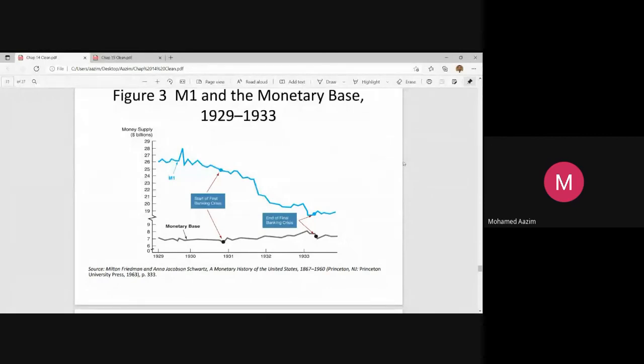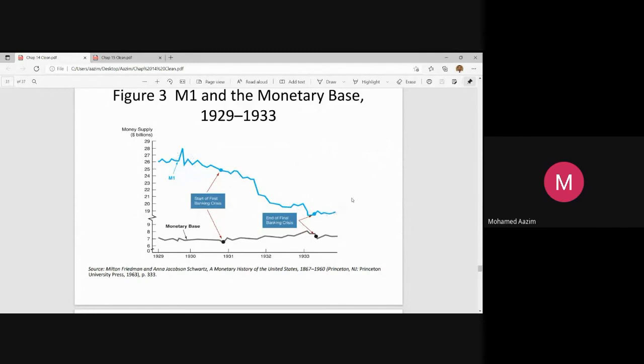That means the small m has declined all throughout, driving the money supply M1 to decline. That's what you are seeing here in terms of the behavior.